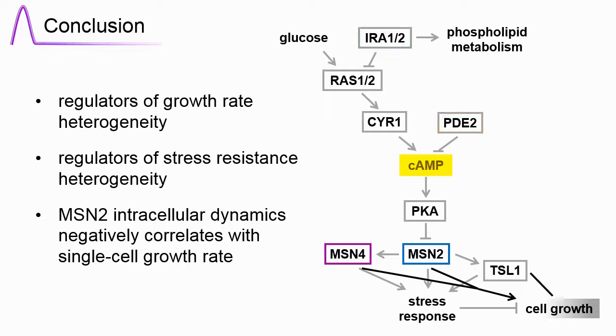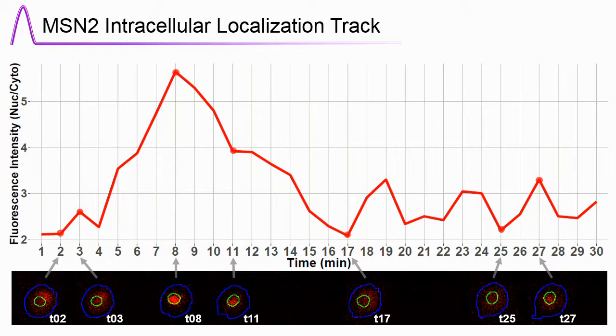So it's the plot where I'm showing the negative correlation. That's where I do the sorting and enrich for the slow-growing cells with a TSL1 expression level. After the sorting, we do see that those cells with high TSL1 expression level do have more MSN2 shuttling behavior. Is that your question?